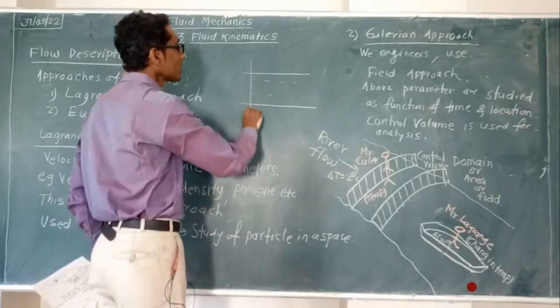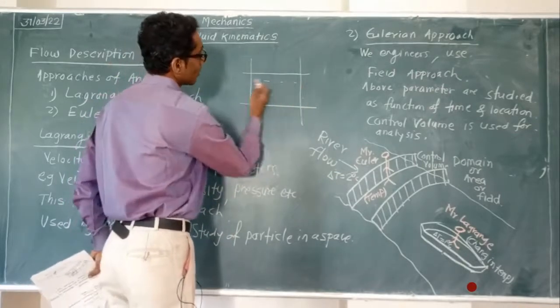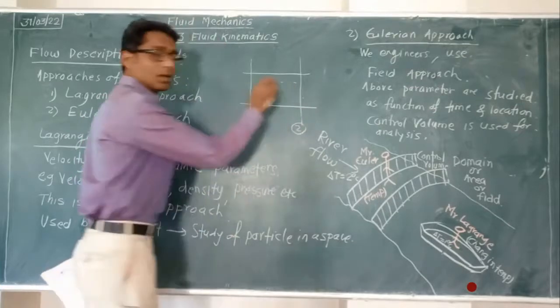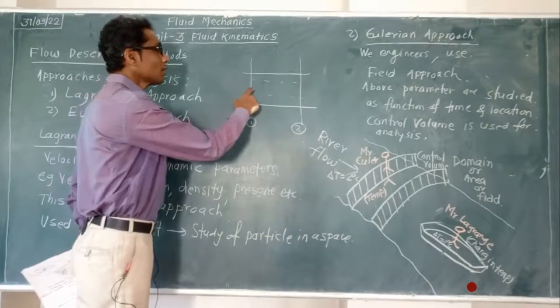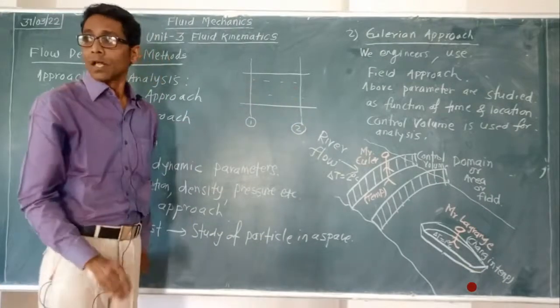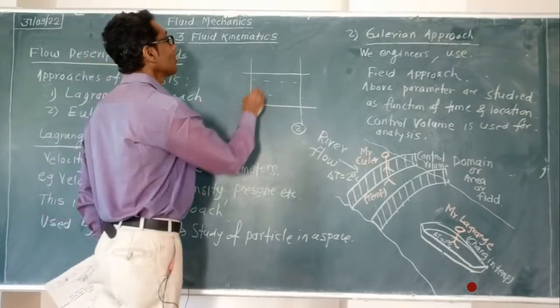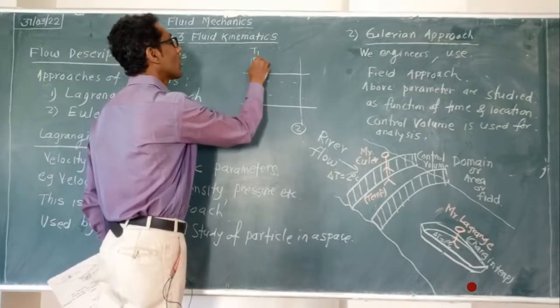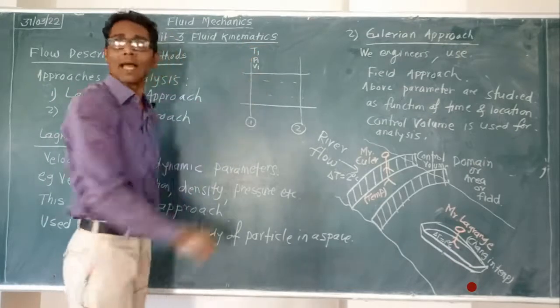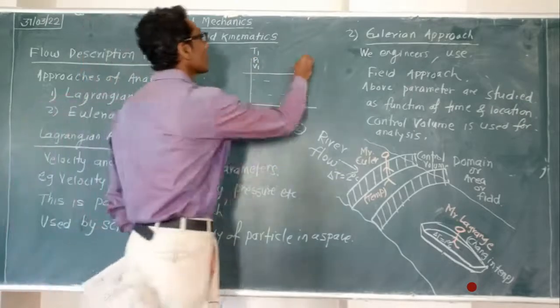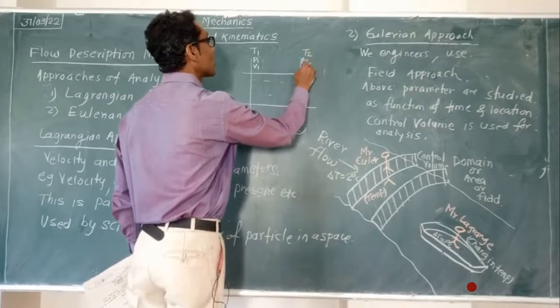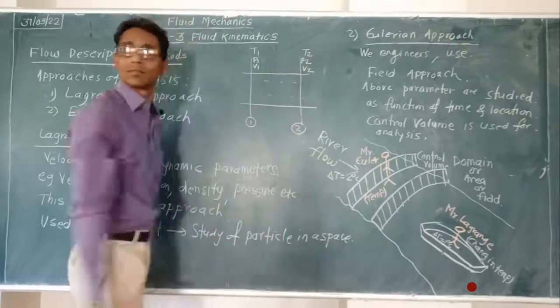We will consider the space between these two locations. At location 1 and location 2 we will measure the parameters, say temperature T1, pressure P1, velocity V1, and at location 2, temperature T2, pressure P2, velocity V2.